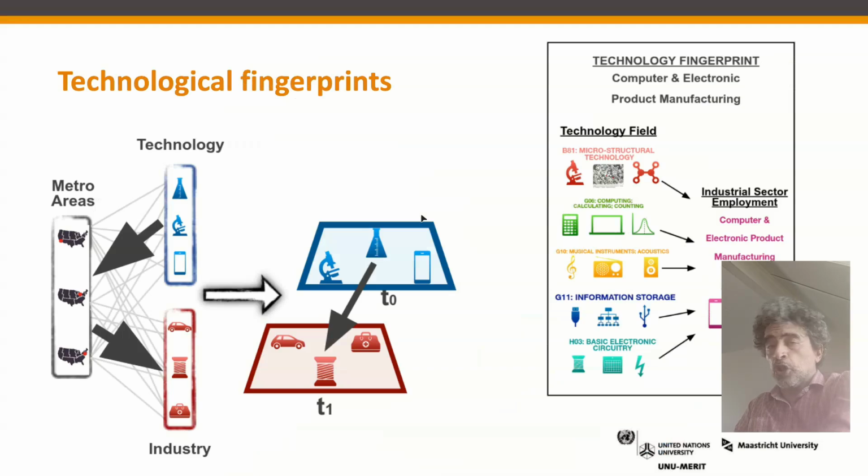And not only, we don't have to limit ourselves to technology, science, and production. So, for example, here we are looking at the impact of technologies on specific jobs, right? And that could be very useful because, for example, we want to forecast which regions will be more affected by technological shocks, depending on which jobs are more relevant in the region.